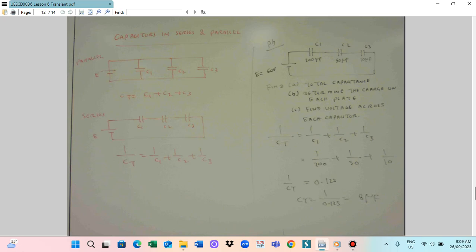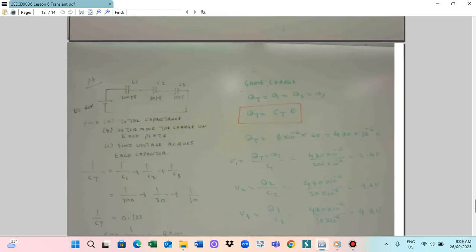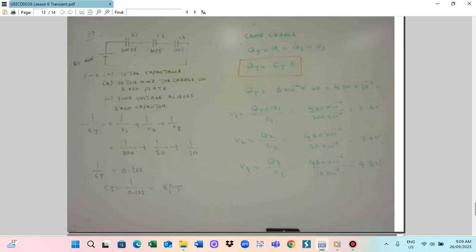Okay, for the series connection, the charge is the same. Because in series connections the current is the same, we can assume that the charge is also the same. So series connections have the same charge. Same charge means that Q1 is equal to Q2 is equal to Q3.